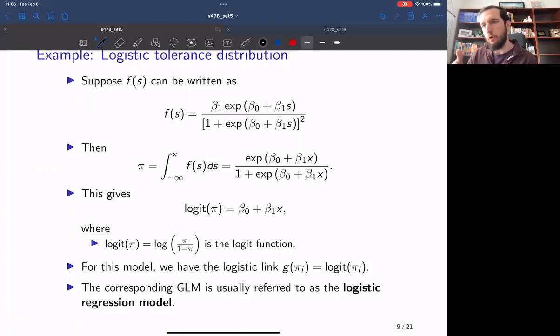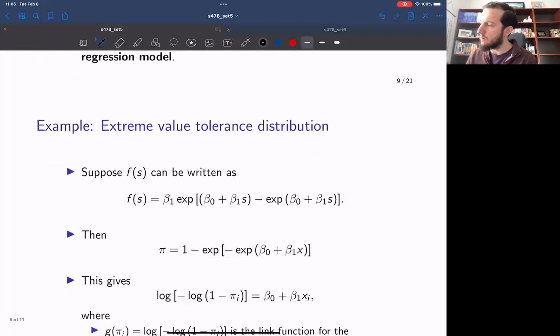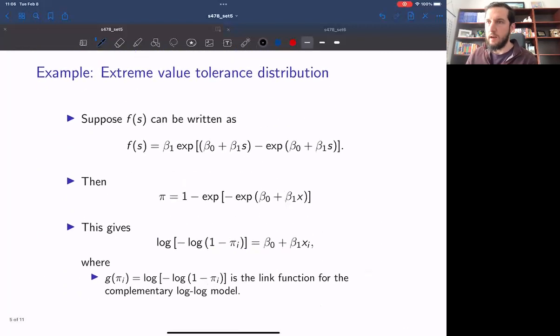Whereas with the probit and the complementary log-log model, which is the binomial GLM where we use the extreme value tolerance distribution, you can't get the same direct interpretation from the fitted model. But this idea will make more sense momentarily when we start looking at the example of interest.